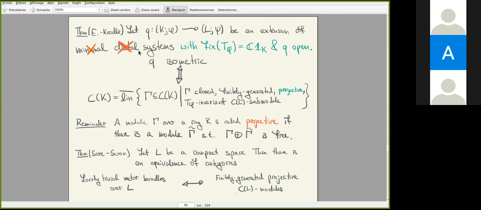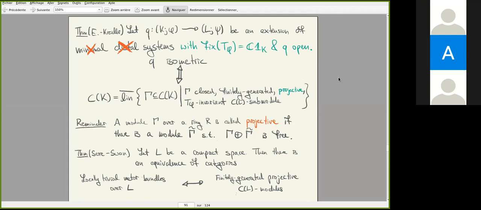Okay, and the only thing that you need to keep in mind is that if you get rid of the minimality, you pay a small price. Namely, the modules that you need to use get slightly more complicated, and you need to add one adjective, and this is that these modules are projective.